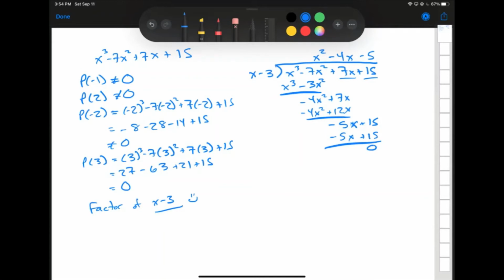Now I could do the same thing again and use the remainder theorem, except I'm going to look at that and say, hold on, x squared minus 4x minus 5. Now we're down to a trinomial again. It's a simple trinomial. Let's see if we can factor it using just our regular method of saying we want to multiply to negative 5, add to negative 4.